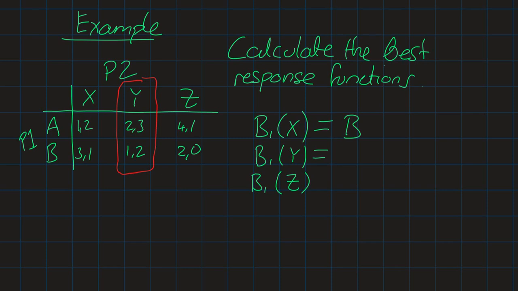We're assuming that player 2 chooses Y, which means player 1 could win 2 points if they play A, or they could win 1 point if they play B. Well, 2 points is better than 1 point, so the best thing for them to do would be to choose A. Finally, the best response for player 1 if player 2 chooses Z. They have a choice between 4 points and 2 points. 4 points is higher, so they'll choose to play A. That's the best response. Okay, this is the best response function for player 1.